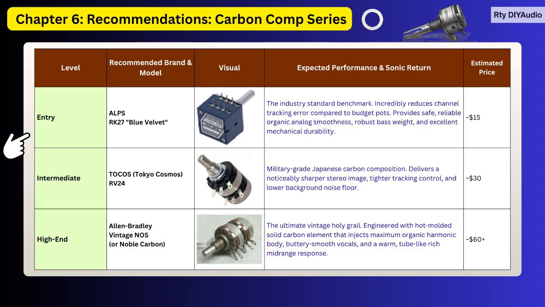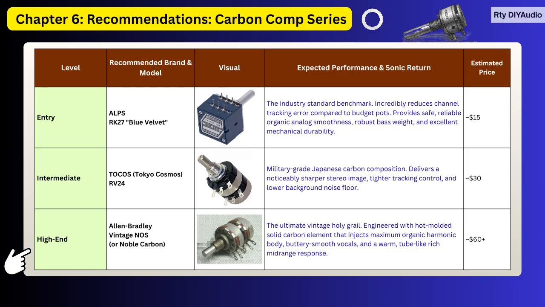At the entry tier, the ALPS RK27 Blue Velvet stands as the industry standard benchmark, incredibly reducing channel tracking errors compared to budget pots while providing robust bass weight. For the intermediate stage, the Japanese TOCOS RV24 delivers military-grade composite precision, offering a noticeably sharper stereo image and a lower background noise floor.